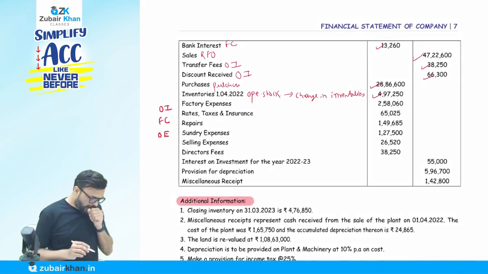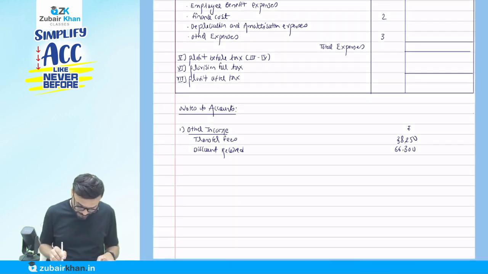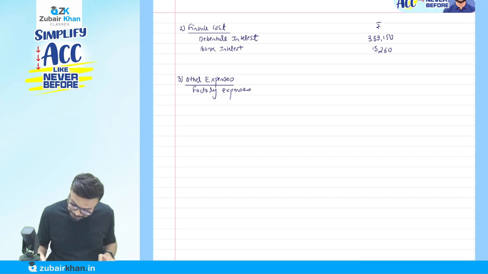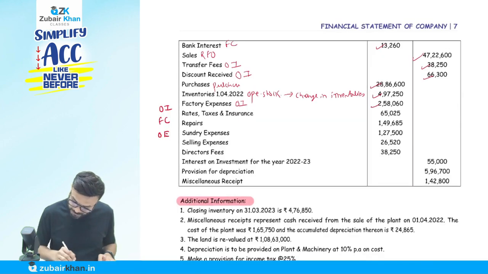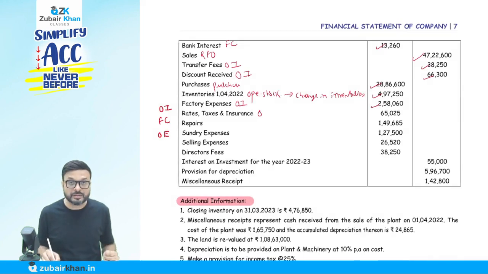Now, sorry, other factory expense will come in. Other expense will be 2,58,060. So write here other expenses, factory expenses, 2,58,060. Then here we have rates, taxes, and insurance. Oh, I wrote other income. Sorry, it's other expense. By mistake I said other income. Rates and taxes is also other expense, 65,025.